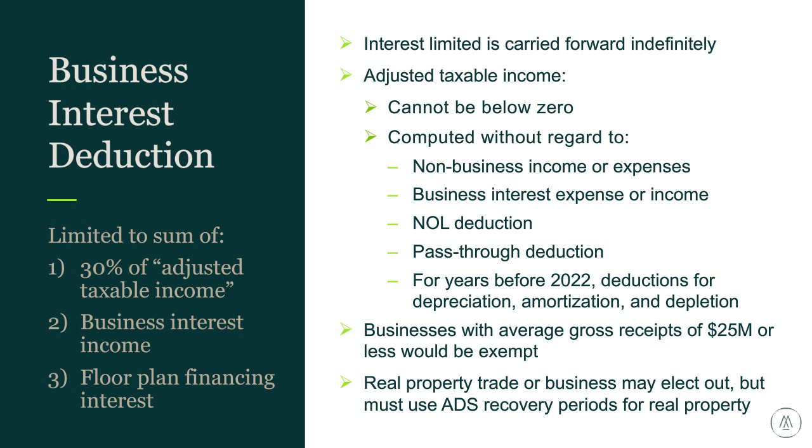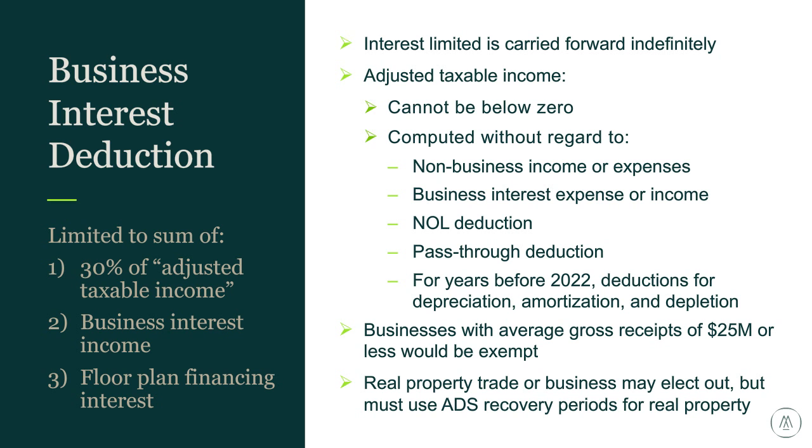Hopefully that will keep a lot of people out of this limitation by having all those add backs through 2022. But if you are limited, then what will happen is that becomes a carry forward. You don't lose it, but you will need to run the calculations each year to see if you can utilize your current year plus what you have carried forward.